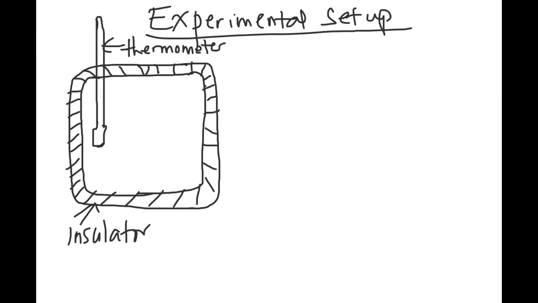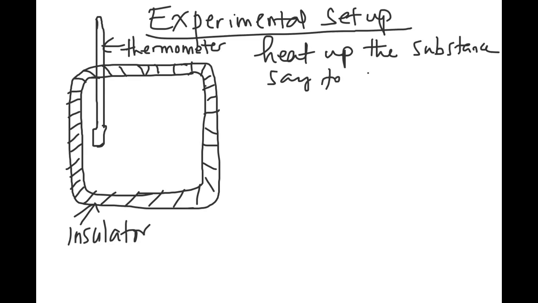And then what you do, you heat up a given material, the specimen or the substance, say to maybe 90 degrees Celsius. It has to be hot enough. Of course, you shouldn't melt it, but at least give it some heat energy.